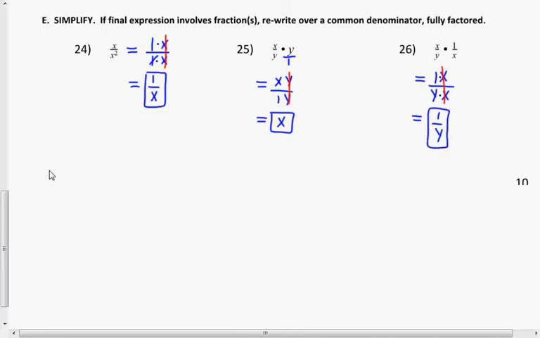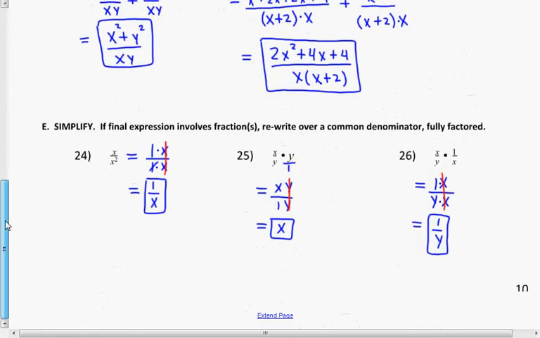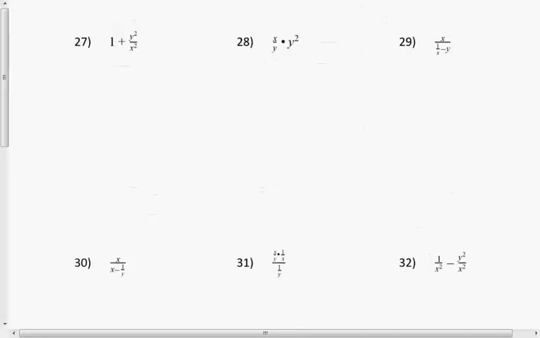Okay, number 27. Simplify. If the final expression involves fractions, we're going to rewrite this over a common denominator. So I can't simplify this. Now I'm just going to write it with a single denominator.